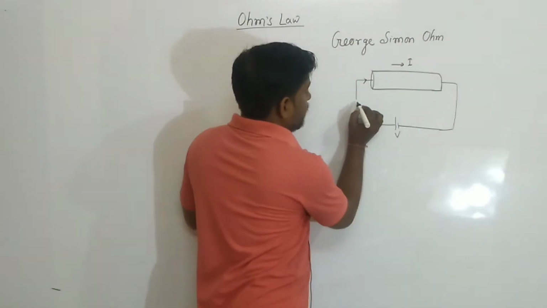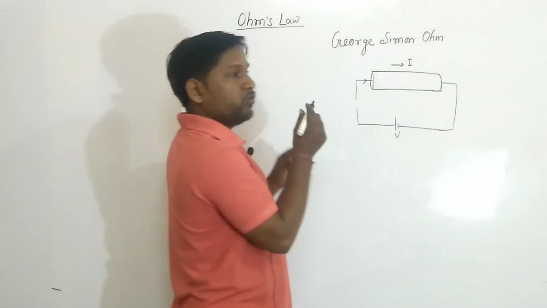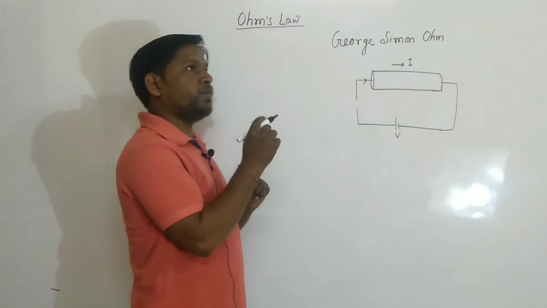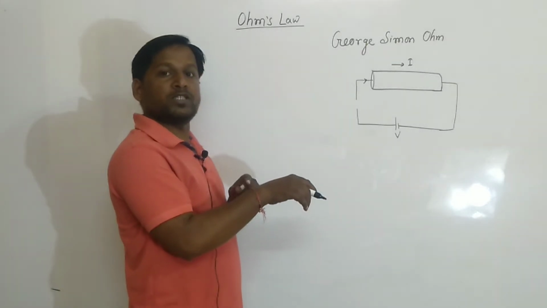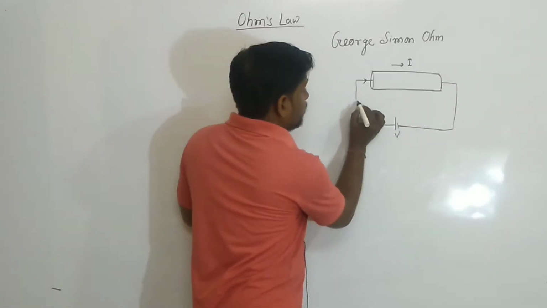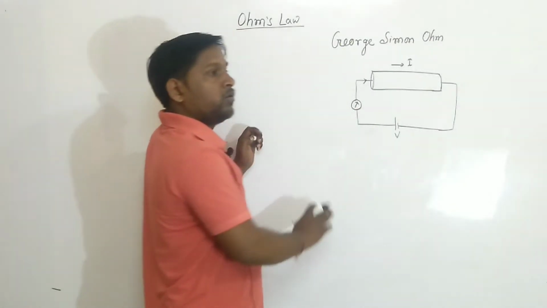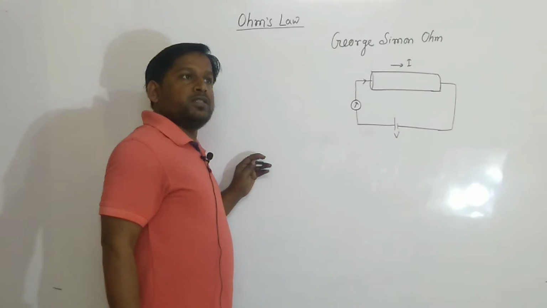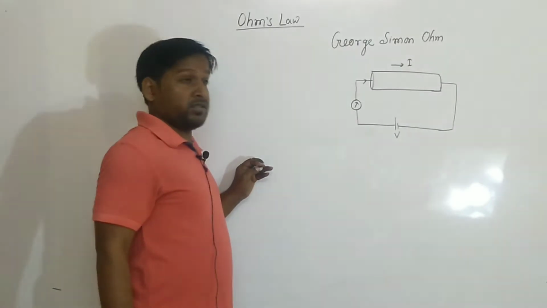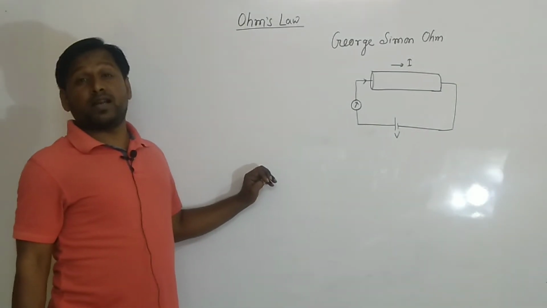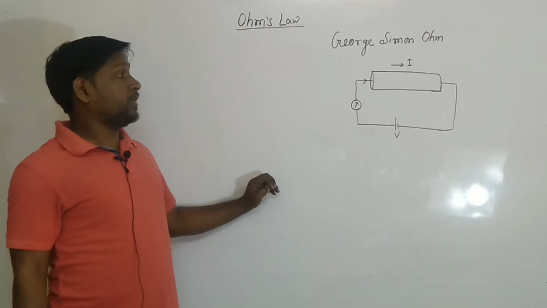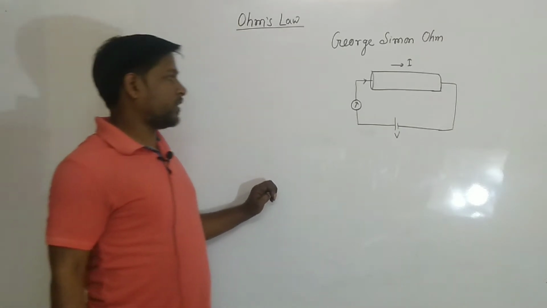In order to measure electric current, you should also know the name of the instrument or device used to measure electric current. He used an ammeter here, like this. You know how these ammeters are connected in a series? Actually, there are two different types of combinations in an electric circuit.